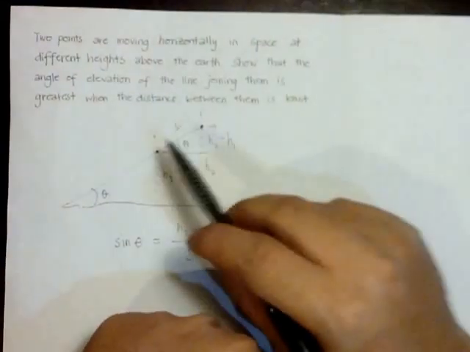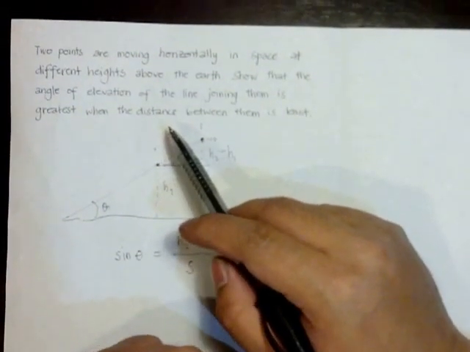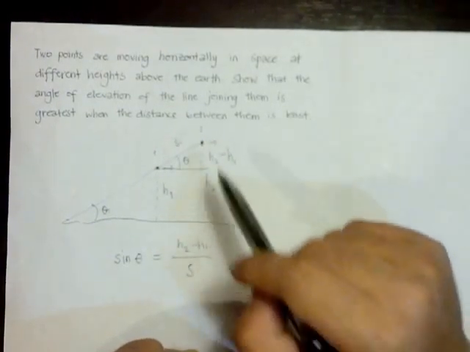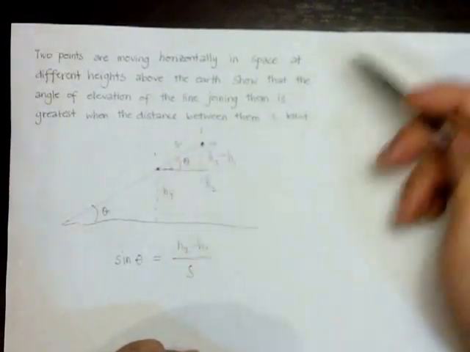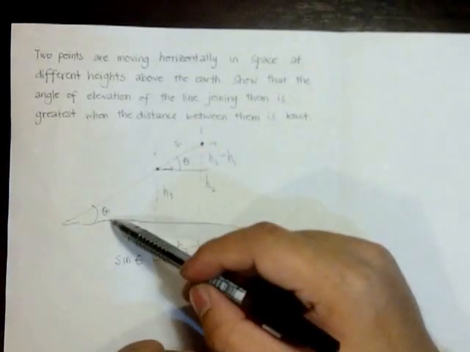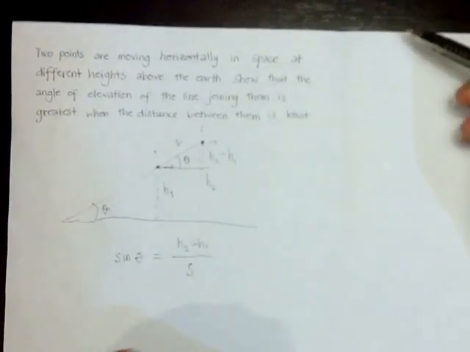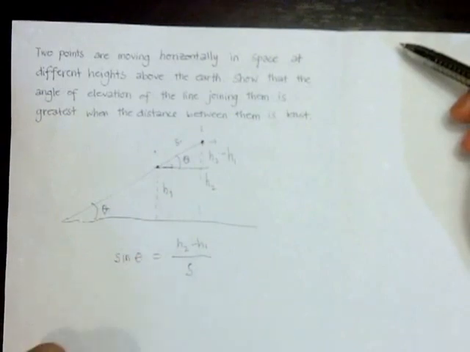Since we have to minimize the distance s so that we achieve theta as the maximum, we have to express s in terms of theta.